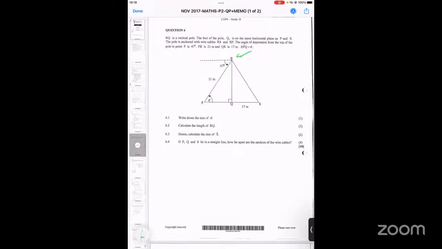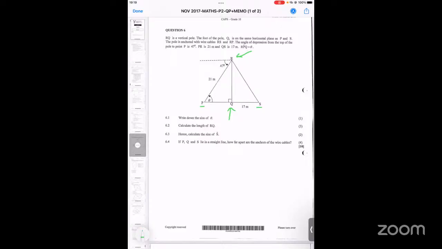So RQ is a vertical pole. The foot of the pole Q is on the same horizontal plane as P and S. The pole is anchored with wire cables RS and RP. Okay, makes sense.